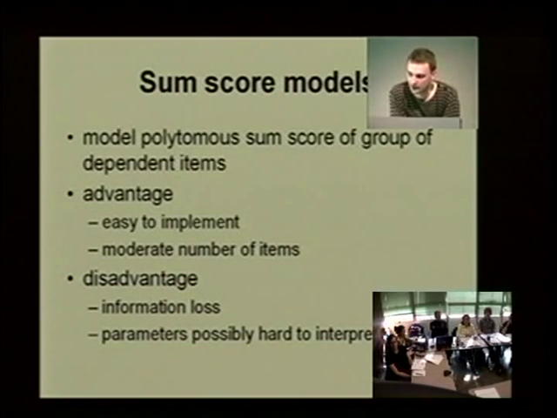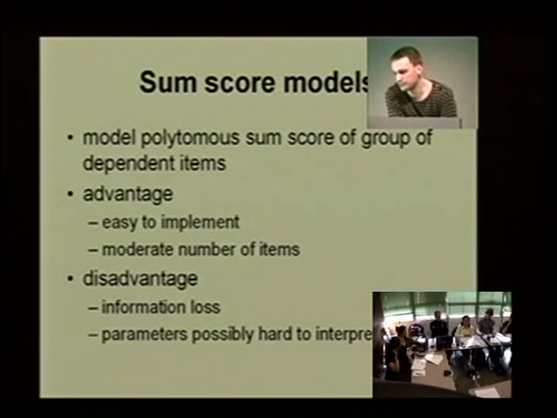But there are also important disadvantages to this method. That is that there is considerable information loss. Several different response patterns will be mapped onto the same sum score. So if you have 5 items, all possible response patterns with 3 items correct and 2 wrong will be mapped onto the response category 3.